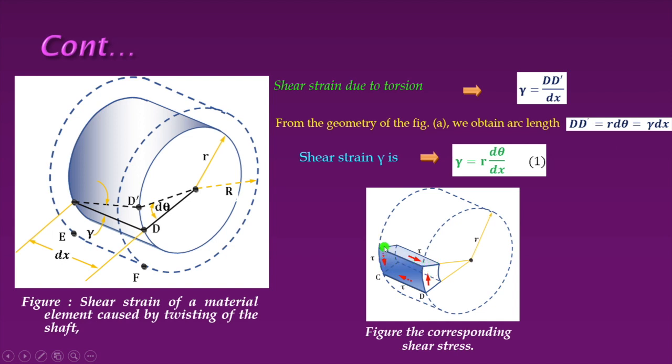So let's consider any very small segment like this. This is CD, this is another point D dashed, and this is the strip. Shear stress is working along this surface. Now we have to find out the magnitude of the shear stress.